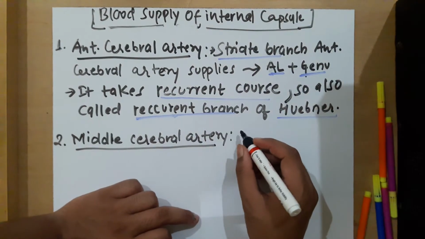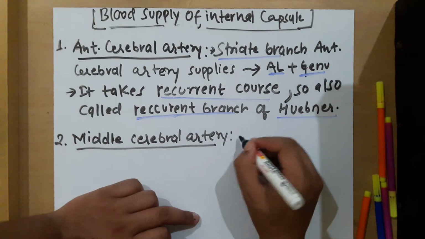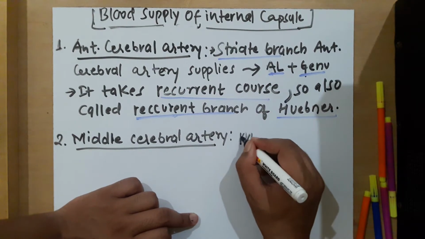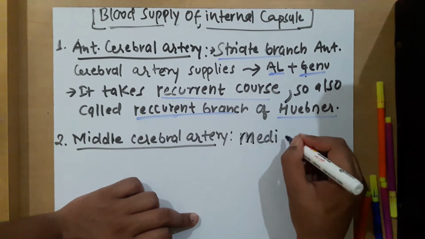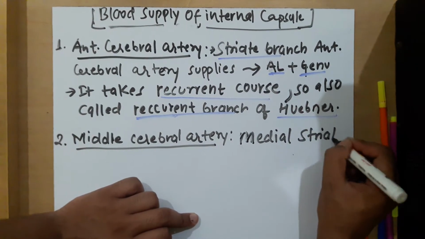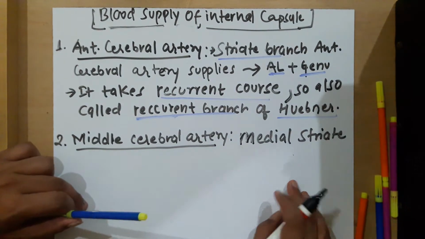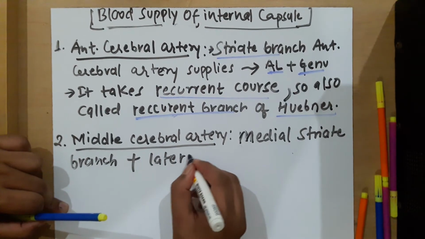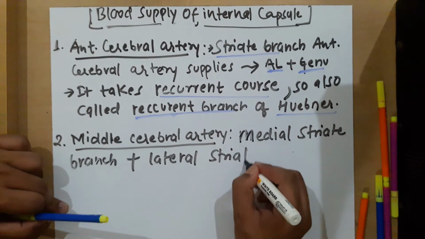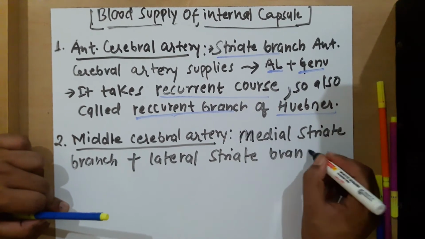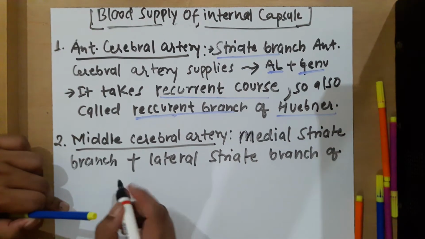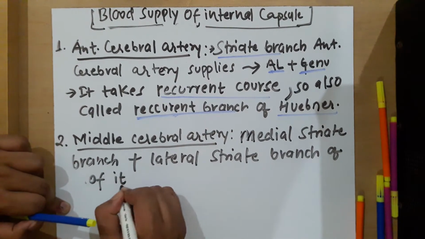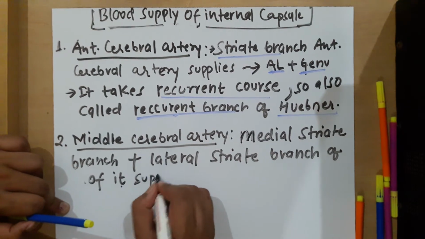I mentioned once about this; if you don't remember, you can remember by reading this: the medial striate branch and the lateral striate branch of the middle cerebral artery supply the posterior limb.